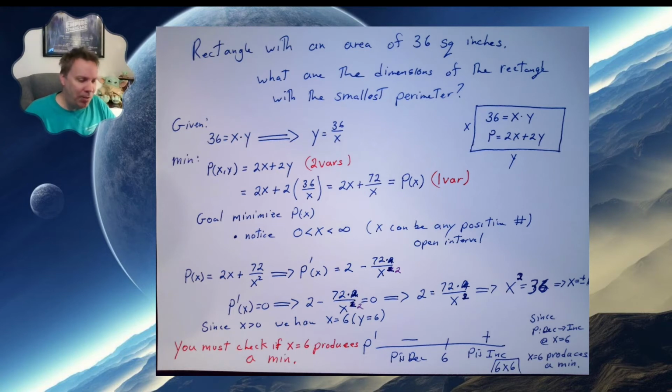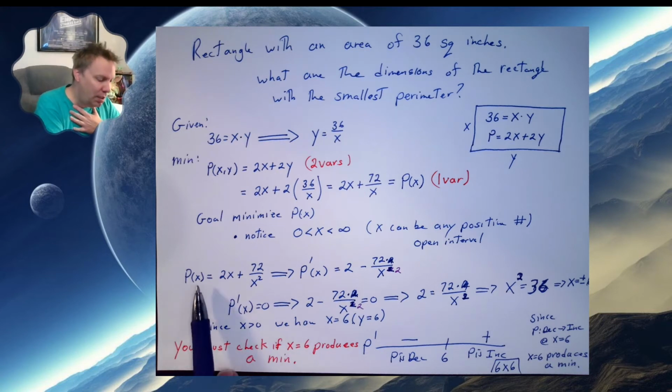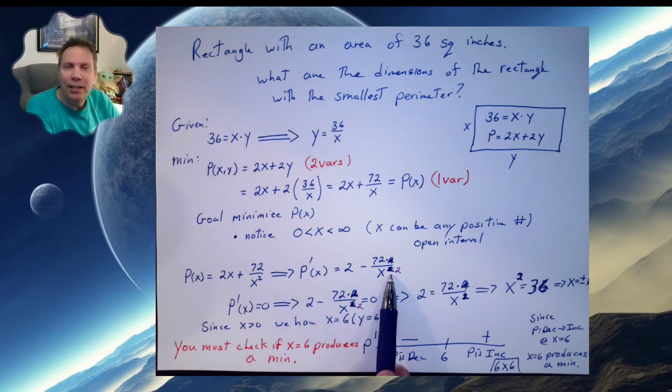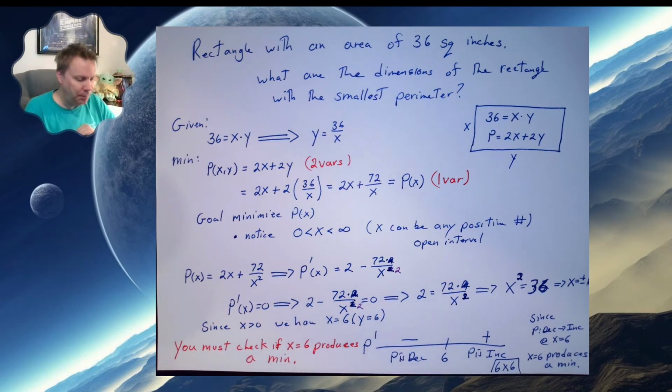Again, we want to figure out critical values. Here's my function, taking a derivative. And yeah, I had a little typo when I was writing this. I want to set this derivative equal to 0. And when I set it equal to 0, I wind up getting the equation 2 is equal to 72 divided by x squared. Or in other words, x squared is equal to 36.